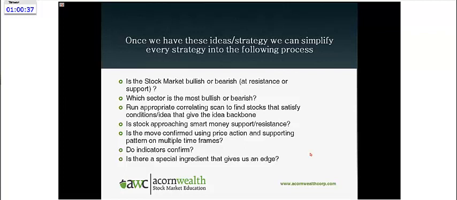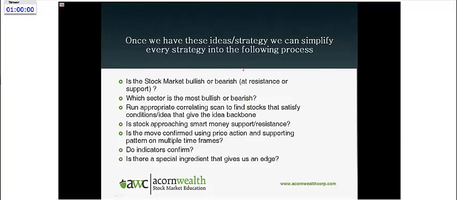And the flip side on the bottom: if we are at support and the downside momentum is weakening, we might look for reversals, double bottoms, triple bottoms, falling wedges. We'll talk about those in a moment. Whereas if we are at support and momentum is increasing to the downside, then we will look for breakout strategies to the downside, such as descending triangles and rising wedges, things that would complement downside breaks.